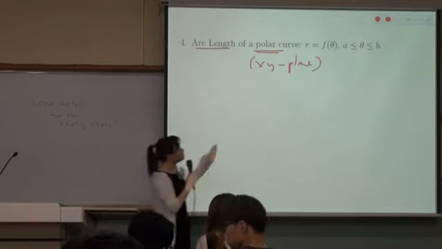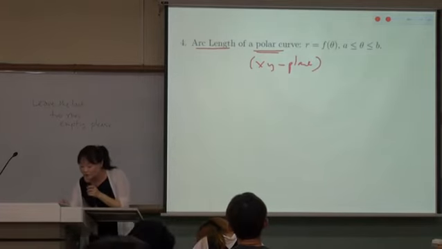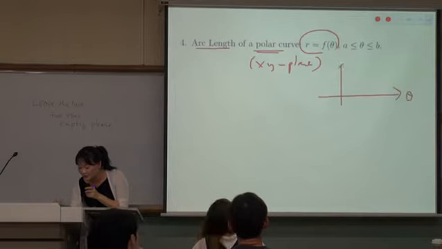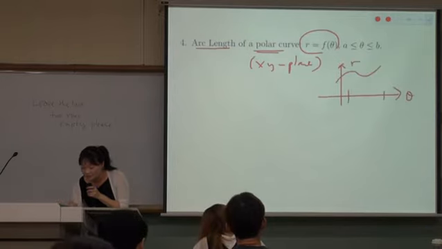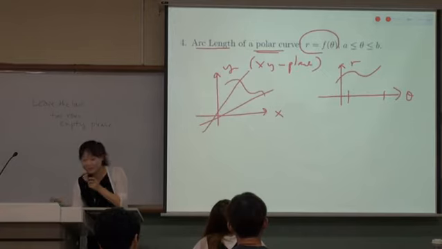So, polar curve, again, it is on the xy plane. If I draw this on theta-r, I will get something. If I draw this on the xy plane, I'll get something else, right?